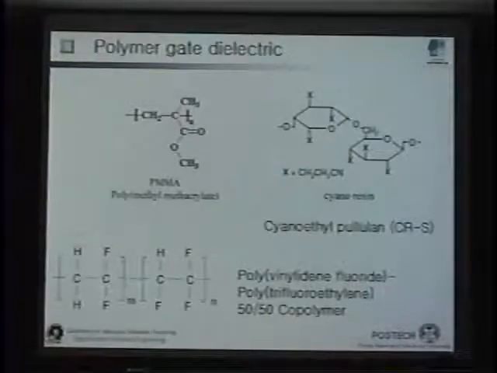And this cyanoethylene has a polar group, for example ethyl cyanide here, so it has a high dielectric constant. Usually PMMA has a dielectric constant of about 2.6 to 3, but this cyanoethylene has a dielectric constant of about 15, which is really large for an organic polymer material.